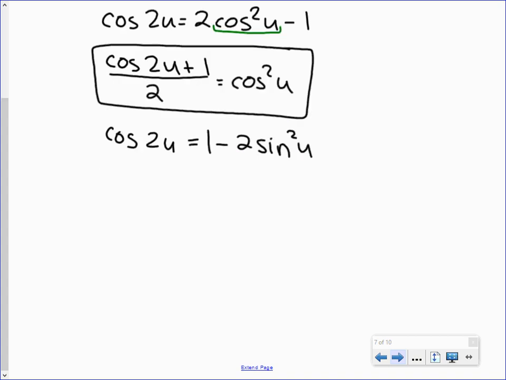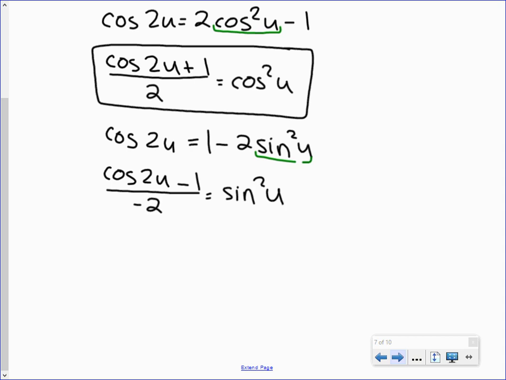So this time we're going to get the sine squared all by itself. What would we have to do? Cosine 2u minus 1 over negative 2, and that's equal to sine squared u. And then I'm going to clean this up.